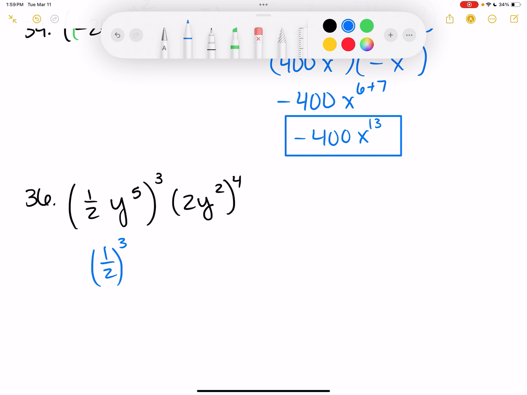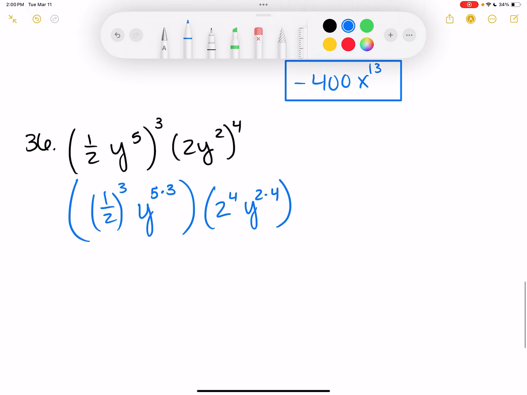Then I've got y to the 5 times 3. Then over here, I put big parentheses around that: 2 raised to the 4th times y to the 2 times 4.